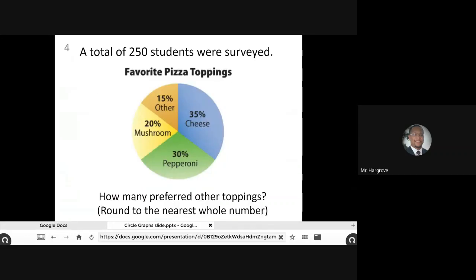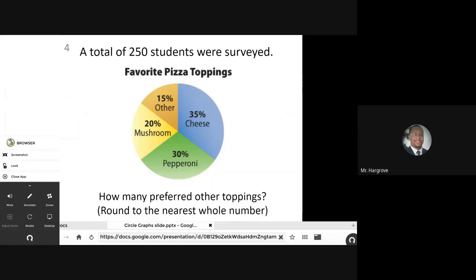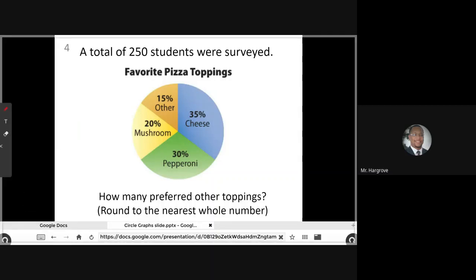This first question says, a total of 250 students were surveyed. How many preferred other toppings? Round to the nearest whole number. So it's asking how many of them said that other was their favorite topping, which means that they want us to look specifically at that 15% in the other section.